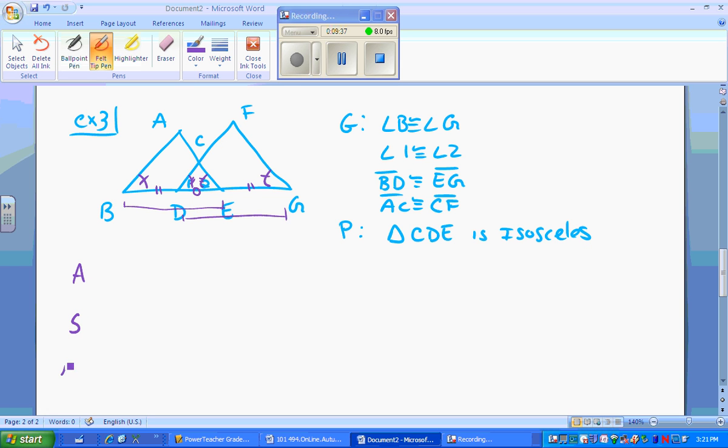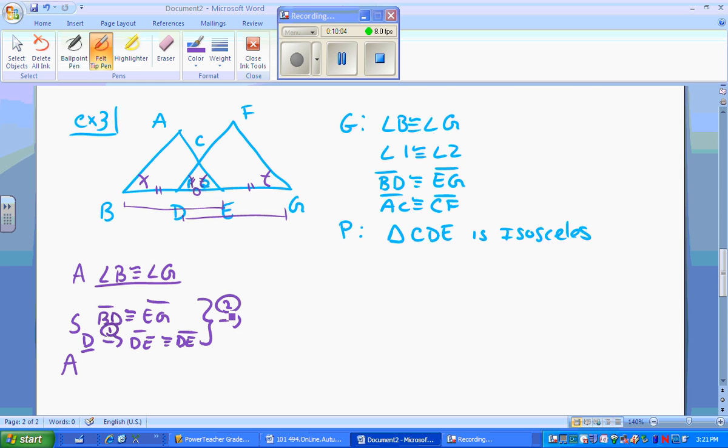So let's do that. We have angle B being congruent to angle G, given. The side, we had BD being congruent to EG. We are adding the reflexive piece, so we got reason 1, DE is congruent to DE.